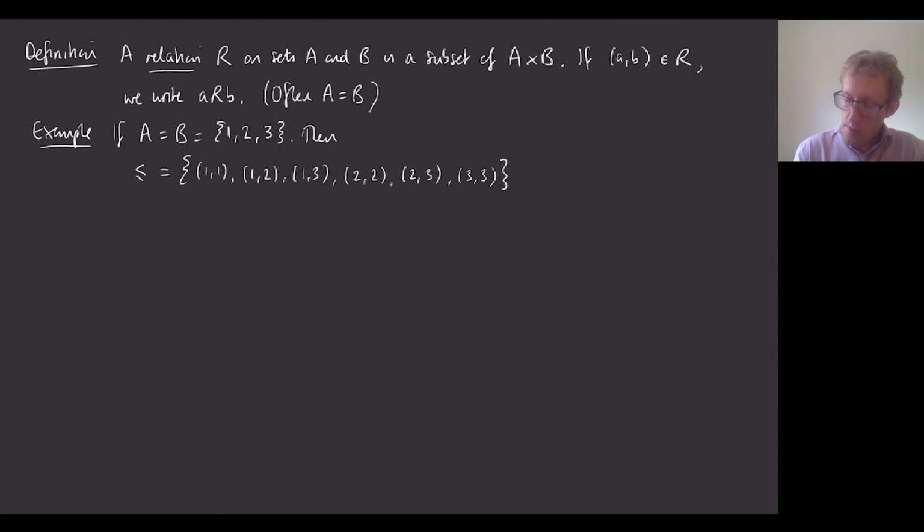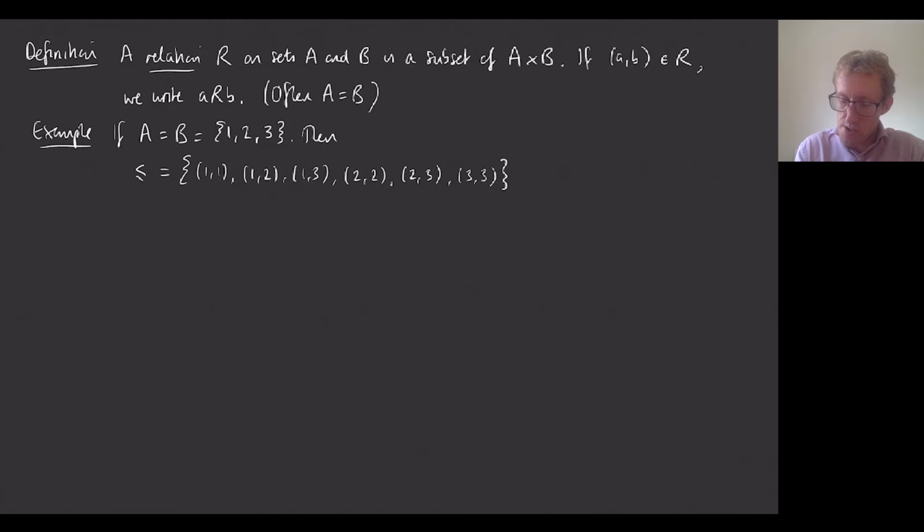And so with this formal definition, that would be what the less than or equal to sign is. But we write, according to this, A is less than or equal to B. So there are quite a few relations where we don't write R because the relation is so important that it has its own symbol associated with it.